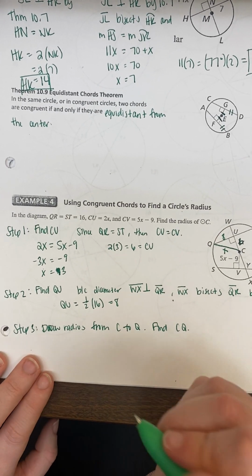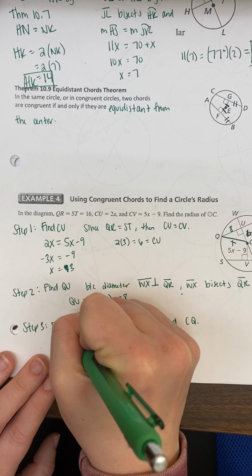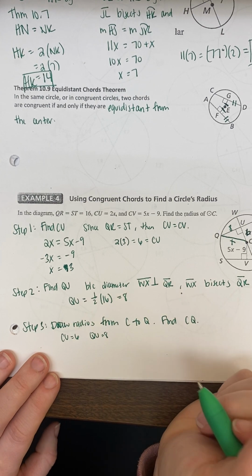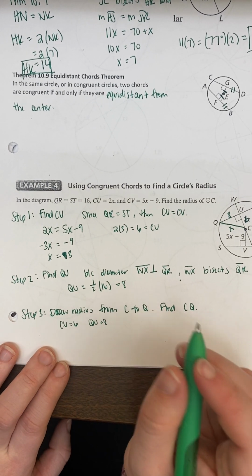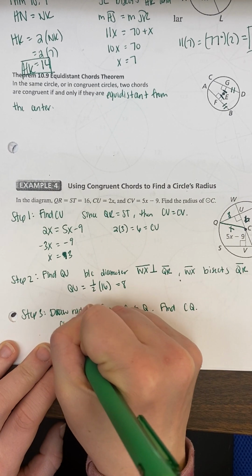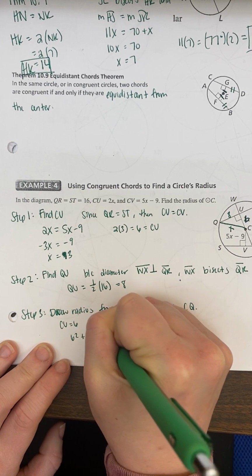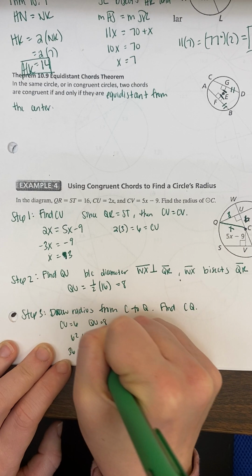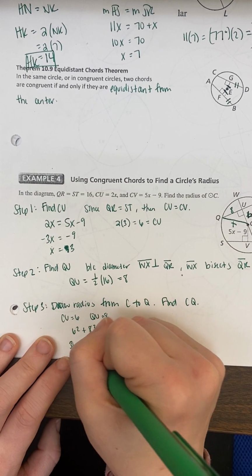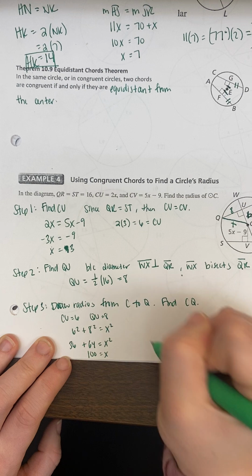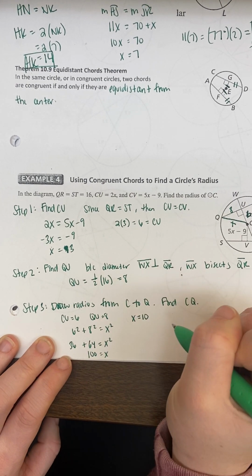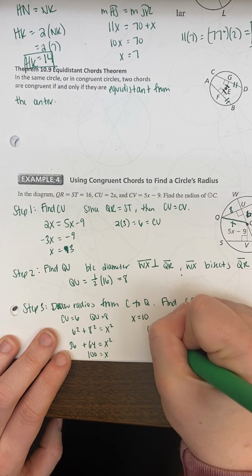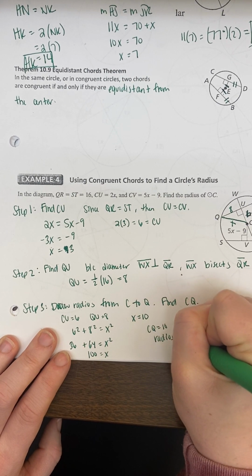CU is 6, QU is 8, and the hypotenuse is x. So 6 squared plus 8 squared equals x squared. 36 plus 64 equals x squared, 100 equals x squared, so x is equal to 10. So CQ, which is a radius, is 10.